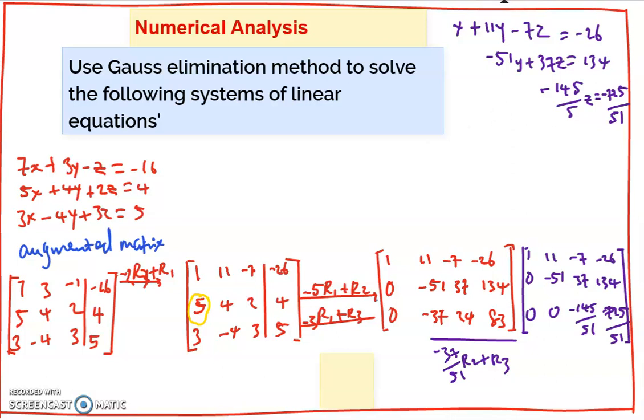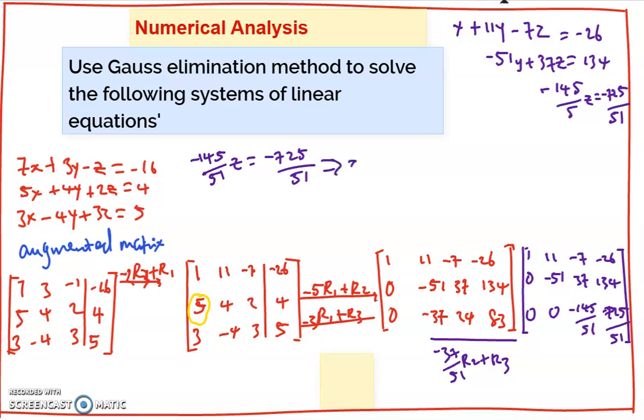To do this, let's start from here. Back substitution: we have negative 145 over 51 z is equal to negative 725 over 51. We want to solve for the value of z.